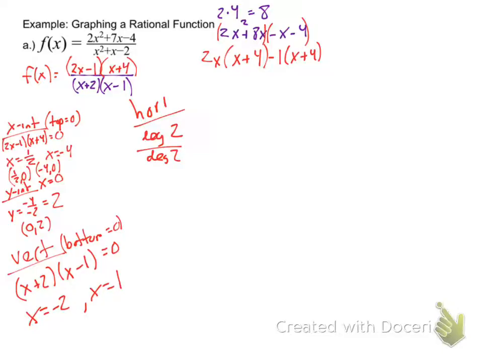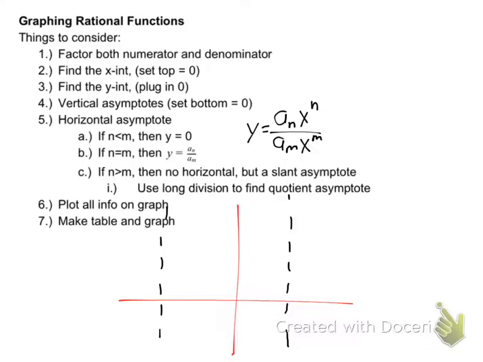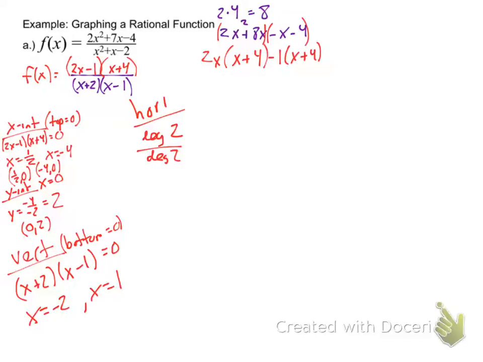So this, in the case back here, is case B. Part B says if the degrees of the top and bottom are the same, I then just take a look at the coefficients. Very nice. So that means it's just y equals 2 over 1, which is just 2. To clean that up, just say y equals 2. So you have a horizontal asymptote at y equals 2. You have vertical asymptotes at negative 2 and 1.